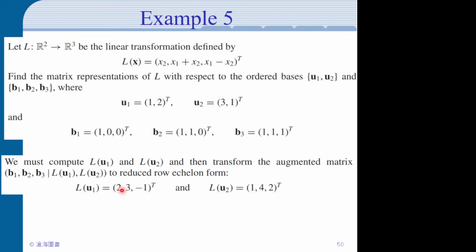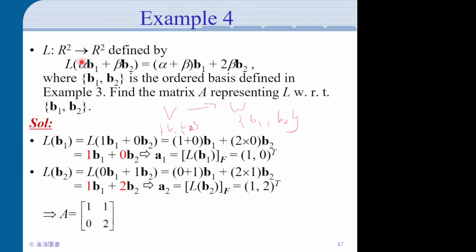Okay, so maybe let's see an example. In this example, we actually need to do all the change of basis. This can take quite a few steps. So we have R2 to R3. Now it's harder. In the previous example, we were already given our linear transformation in terms of the weird basis.